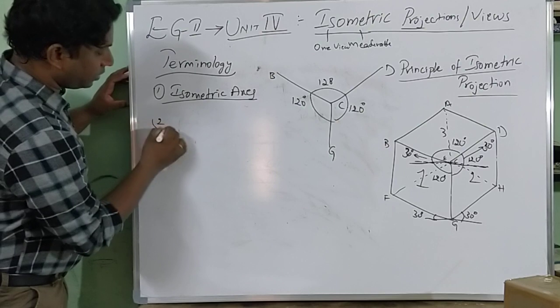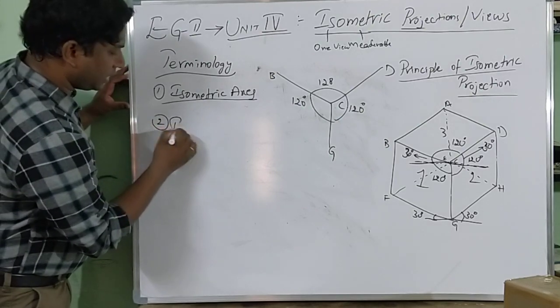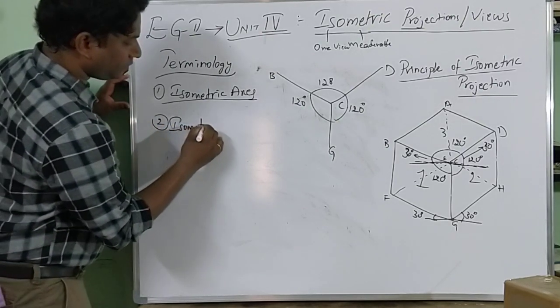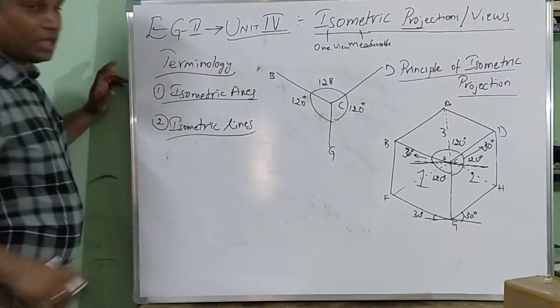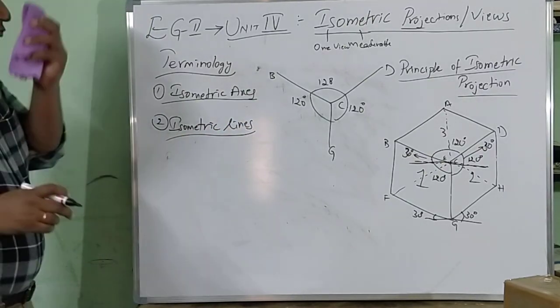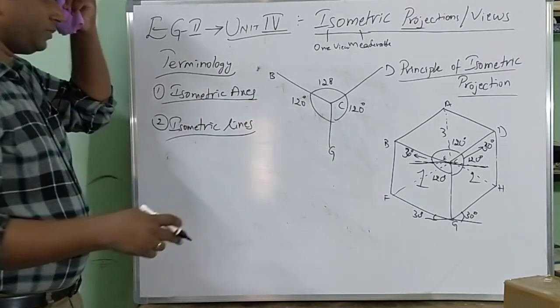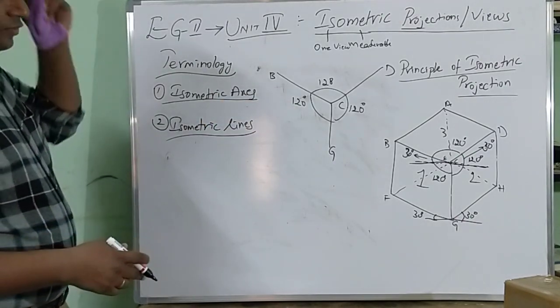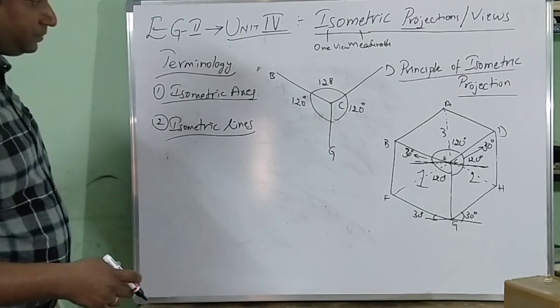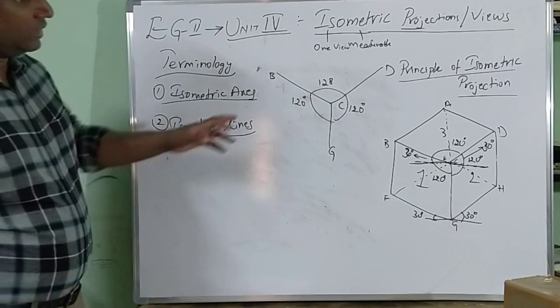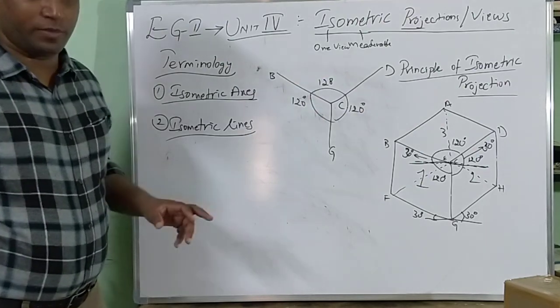Now the next terminology: isometric lines. What are the isometric lines from the principle of isometric projection? Isometric lines are the lines which are parallel to the isometric axis lines.